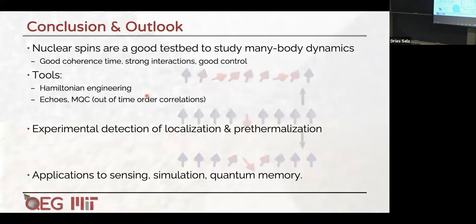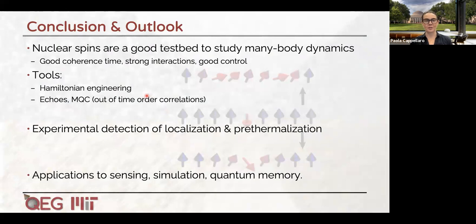But let me just go to the conclusions. What I wanted to convey today, especially talking a lot about NMR, is that nuclear spins are really a good test bed to study many-body dynamics and out-of-equilibrium dynamics, and a lot of questions related to information scrambling, thermalization, the lack thereof, prethermalization, et cetera.